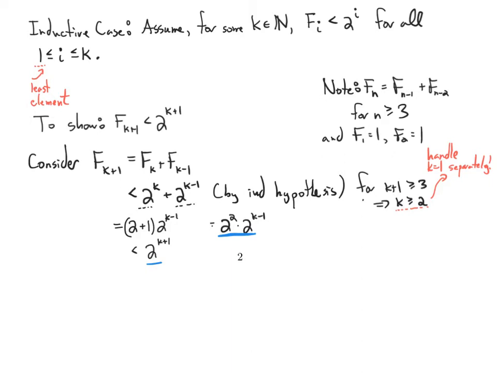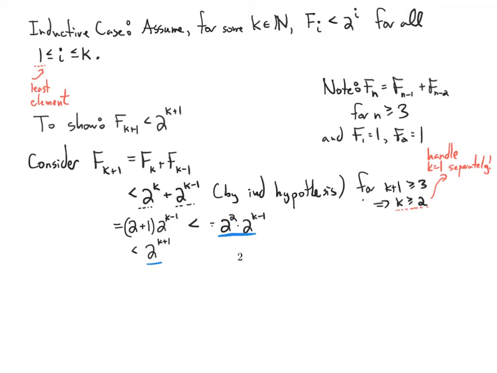I want to show that this is less than 2^(k+1), which is 4 times 2^(k-1). So here I have 3 times 2^(k-1), and that obviously is less than 4 times 2^(k-1).